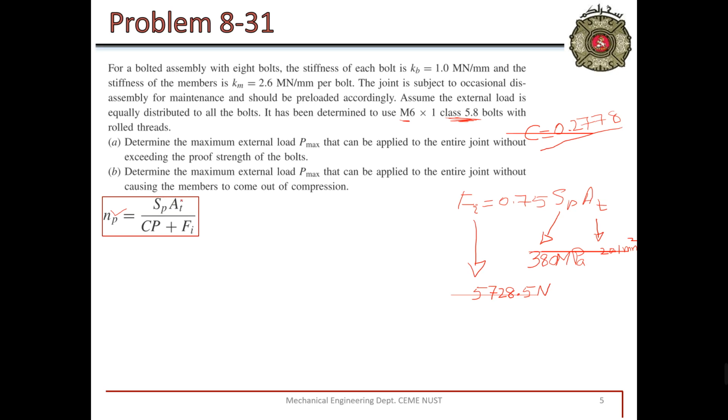SP is given, AP is given, C is calculated here. The value of P needs to be calculated, sorry. And Fi is calculated here. So we have all the values. If we substitute values, from this equation we get the value of P, which comes out to be 6874 Newton.